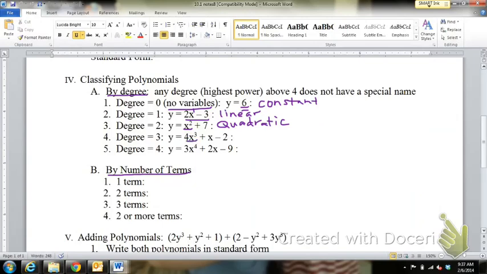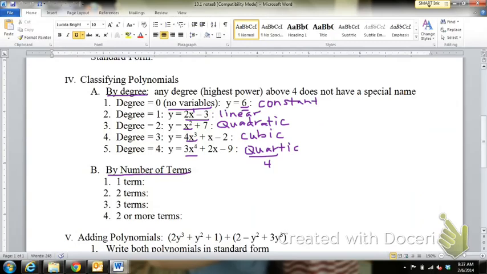A third power, if your highest power is 3, degree is 3, we call that a cubic. And the highest power is 4, we call that quartic. Because quart means 4, like 4 quarters are in $1, 4 quarts are in a gallon, and there you go.